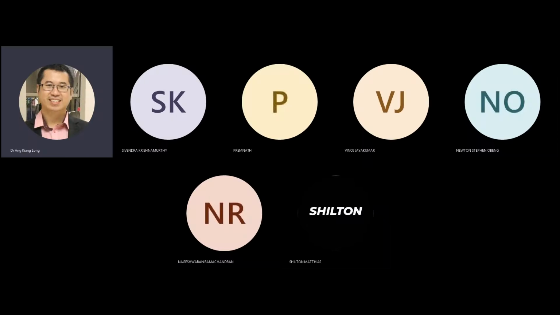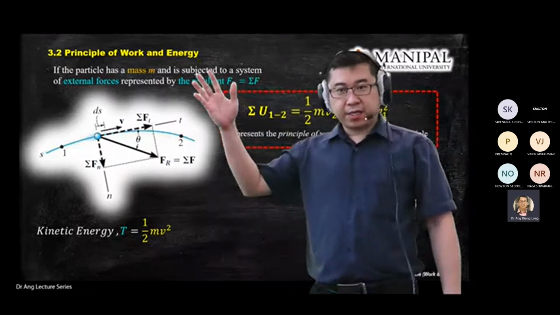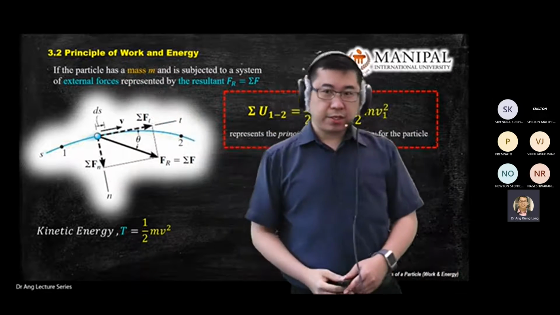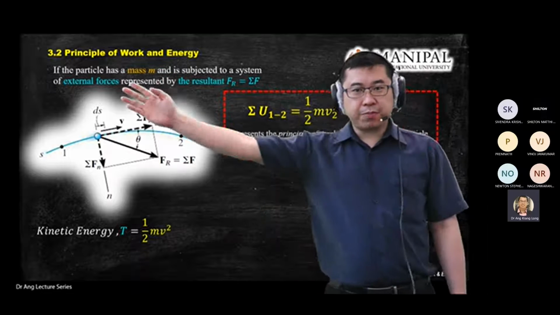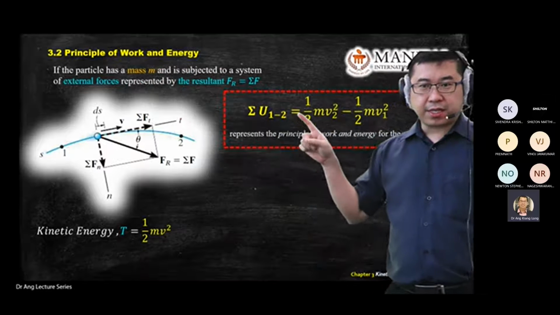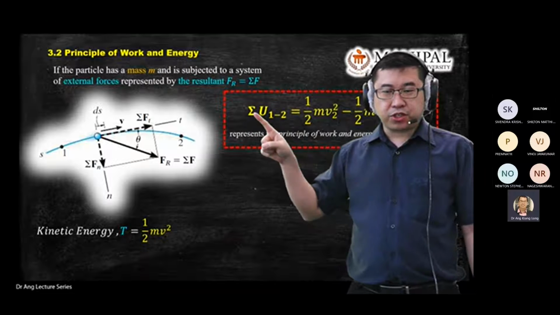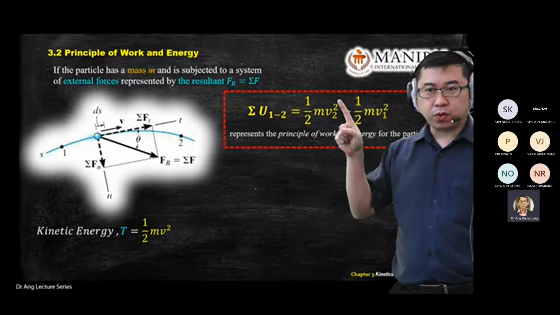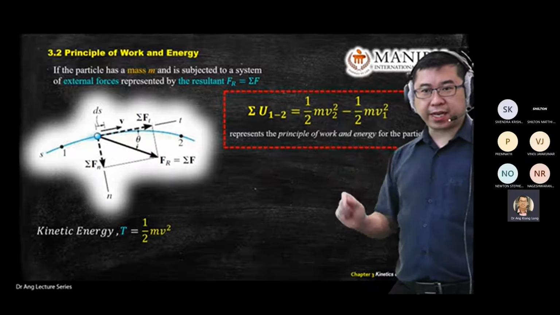All right, now previous class we stopped at the principle of work and energy. So basically what this principle says is that the work done equals the change of kinetic energy.